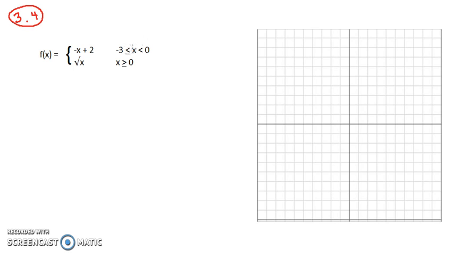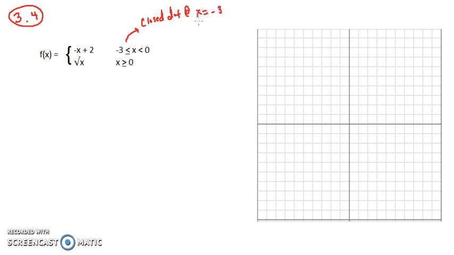In order to figure out where it's going to go, we're going to start with these endpoints because they're going to anchor the graph to the page. So let's start with the left piece. The line goes between -3 and 0. So at -3, we have a closed dot because that is less than or equal to, it's included. So we've got a closed dot at -3.